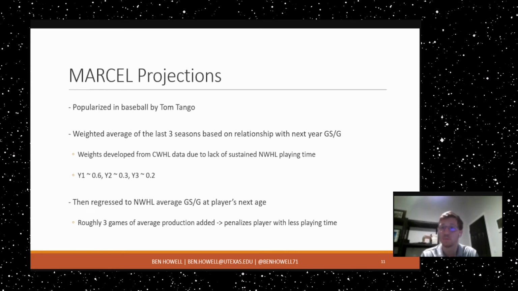I will say this is not a very heavy modeling projection. It's just a weighted average. So the weights are down here. You weight a player's production last year by 0.6, the year before by 0.3, and then 3 years ago, 0.2. And then you multiply that by the production and sum it all over 1.1, which is all of those added together.